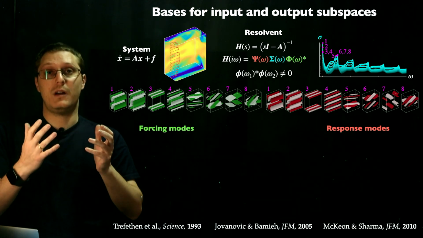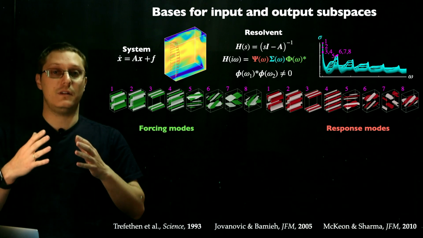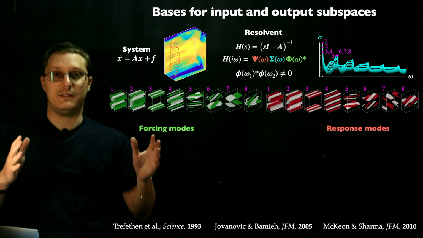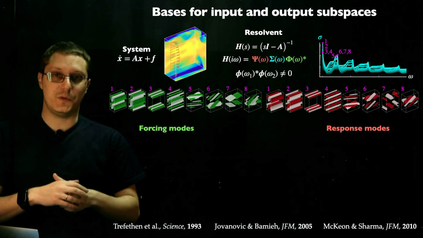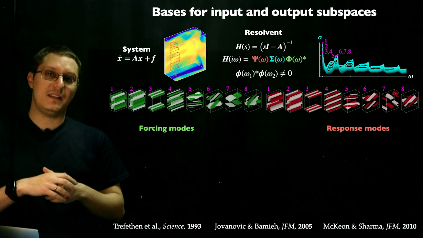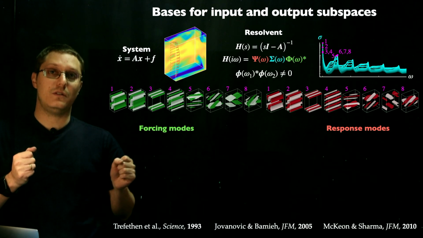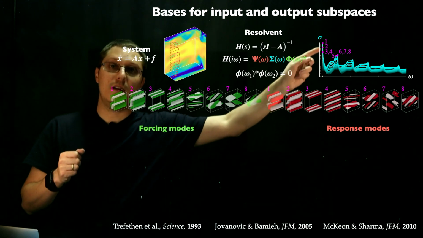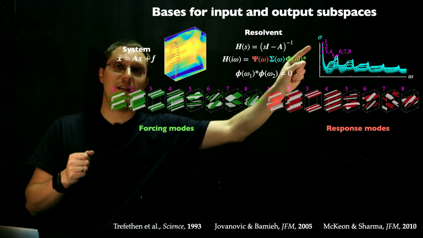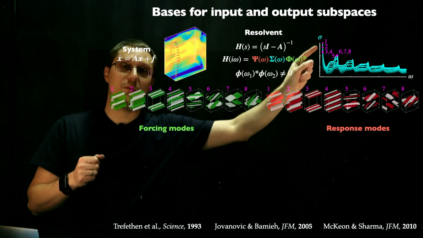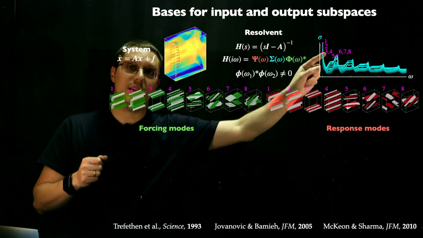And we would prefer to have modes that are representative across all frequencies, or at least across a wide range of frequencies of interest. And you still can achieve this using resolvent modes. So here I'm just hand-picking some resolvent modes at frequencies that have high gains.